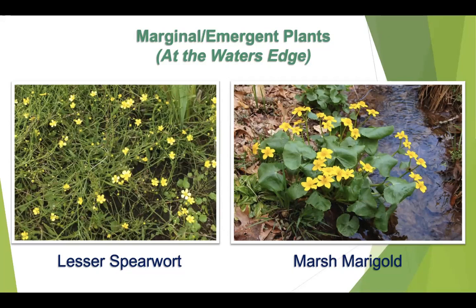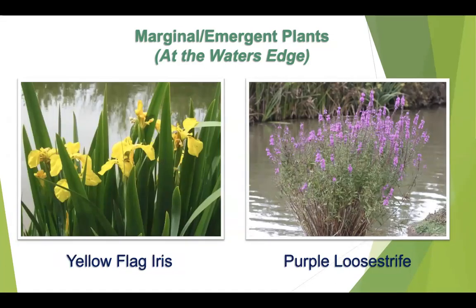So you can start to see another point here with your marginal plants or emergent plants is you get some colour. So they're a nice way to add a little bit of colour to your fisheries and add a different sort of aesthetic appeal. And we particularly see that with the next plant. Here you can see yellow flag and purple loosestrife, with those nice coloured big flowers.